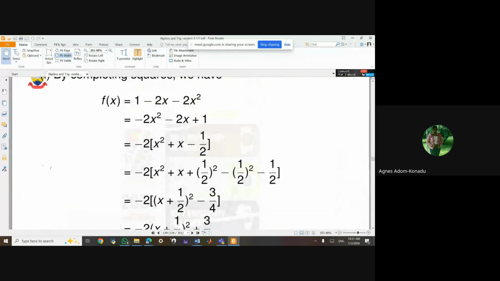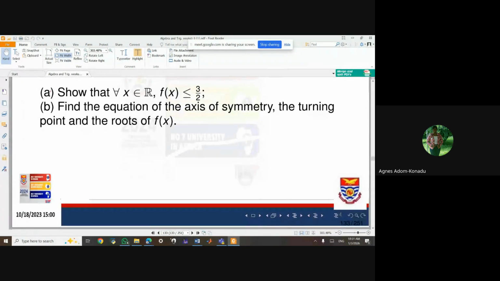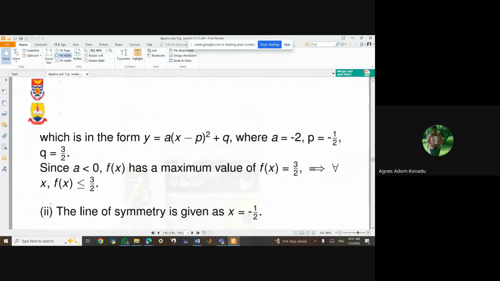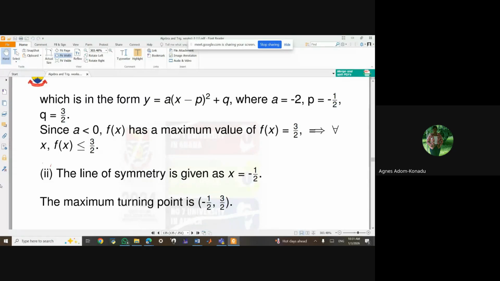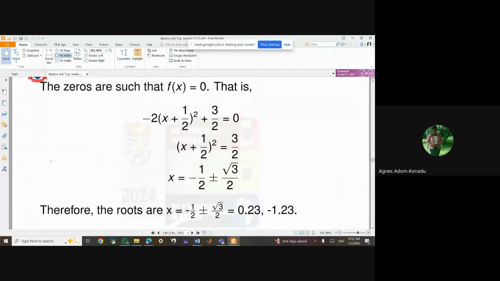The question says that show that for x in R, f(x) is less than or equal to 3 on 2. So f(x) equal to 3 on 2 is our maximum. We've been able to show that. The line of symmetry is x equals minus 1 on 2, and the turning point is minus 1 on 2, comma 3 on 2. So that is this when you sketch.